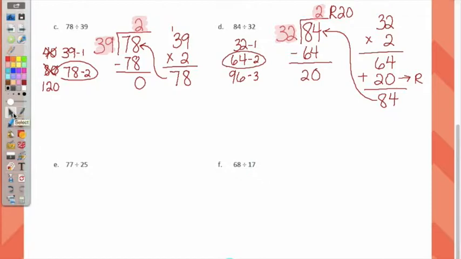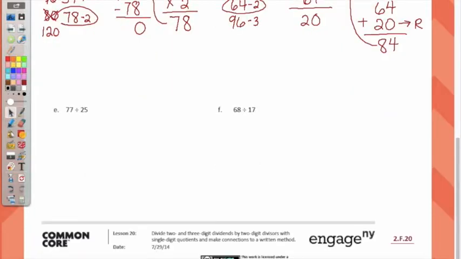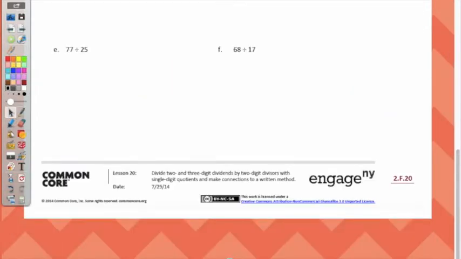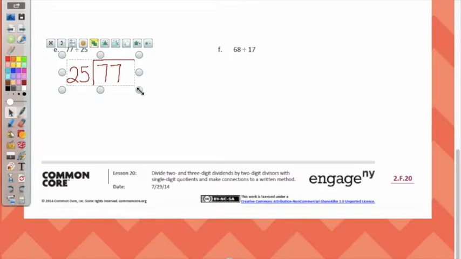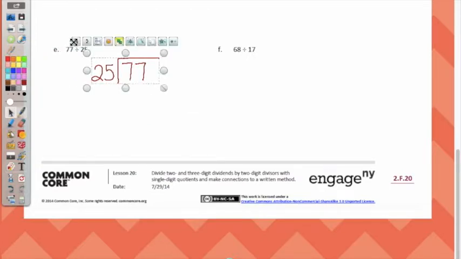But let's take a look at E. 77 divided by 25. What should I skip count by? 25s. You know your quarters, right?